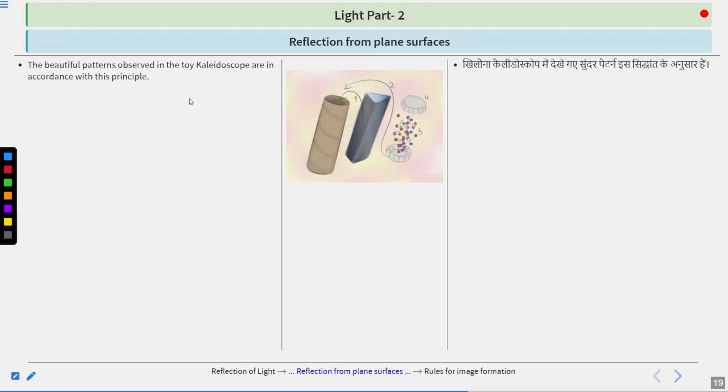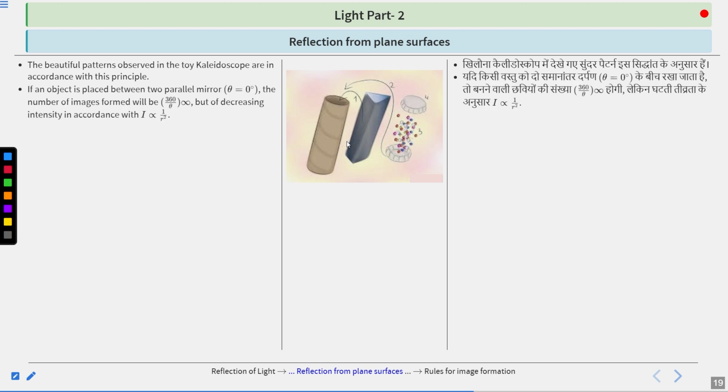The beautiful patterns observed in toy kaleidoscopes are in accordance with this principle. This is the kaleidoscope. In your childhood, you must have prepared it. If an object is placed between two parallel mirrors, then theta equals 0°, the number of images formed will be 360 by theta, infinite, but of decreasing intensity in accordance with I directly proportional to 1 by r square.